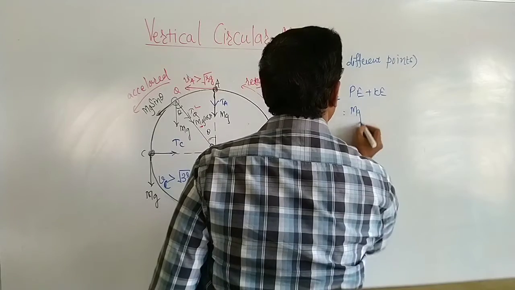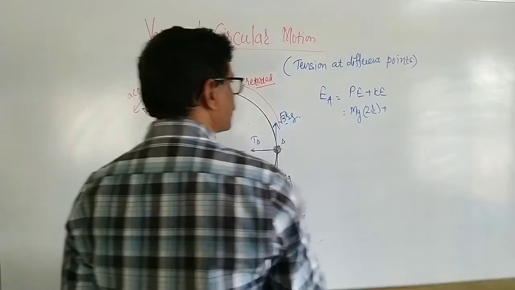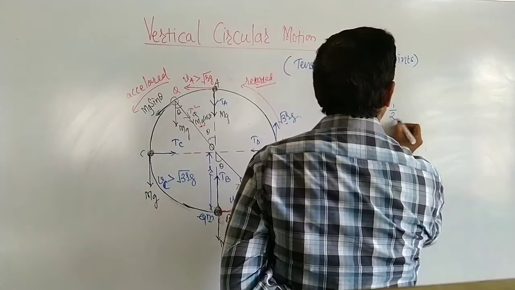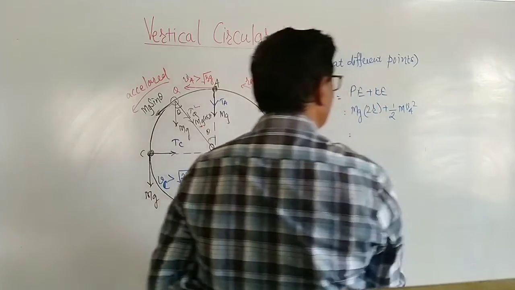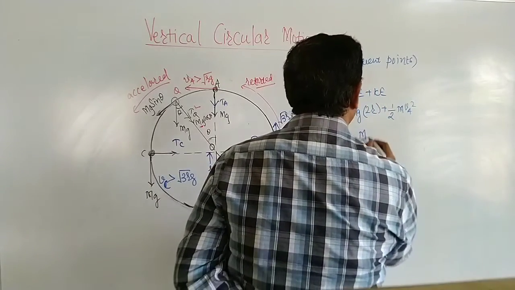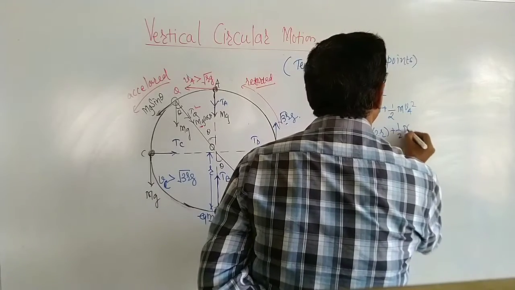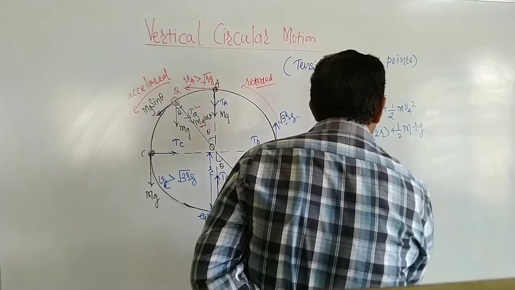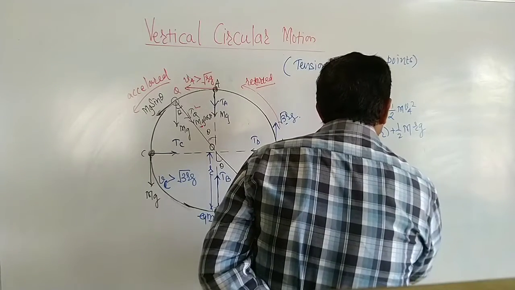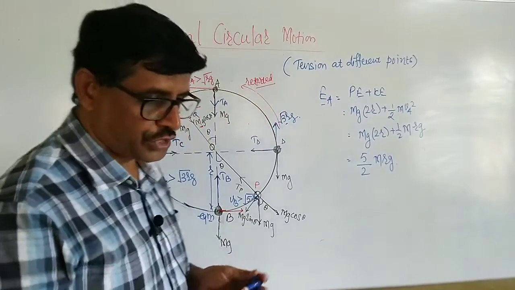Potential energy at A is mg into 2r, with reference to the bottom position. Kinetic energy is half m into va square. It is equal to mg into 2r plus half m into rg, and the total comes out to be 5 by 2 mrg. This is the total energy at position A.